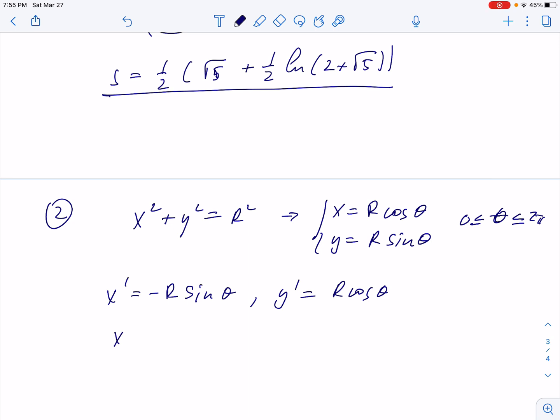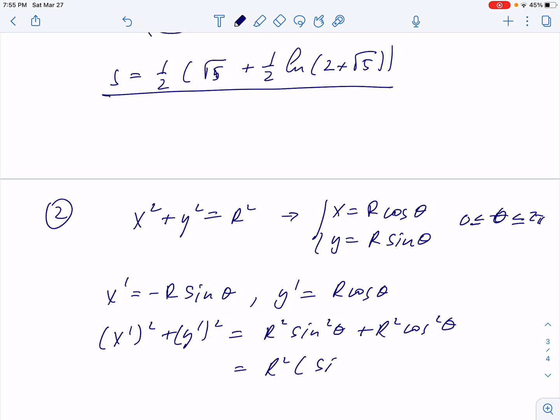Okay, x prime squared plus y prime squared will be r squared sine squared theta plus r squared cosine squared theta. Factoring r squared, inside we have sine squared theta plus cosine squared theta, which is 1. So all this is r squared.